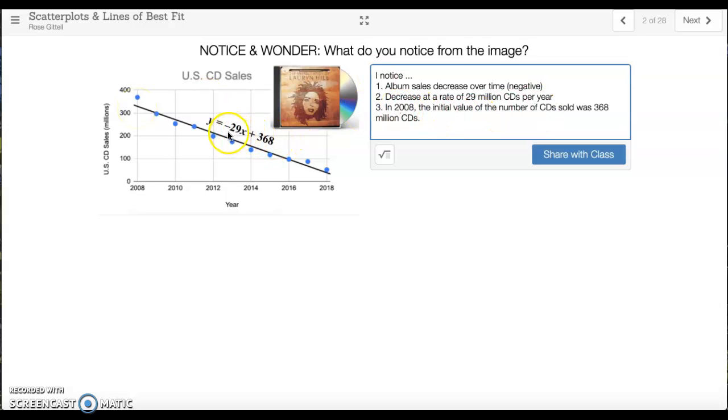I used the slope here, so I said the album sales have decreased at a rate of 29 million CDs per year. And I also noticed the y-intercept is 368. So in 2008, when the album was first released, the initial value of the number of CDs sold was 368 million CDs.